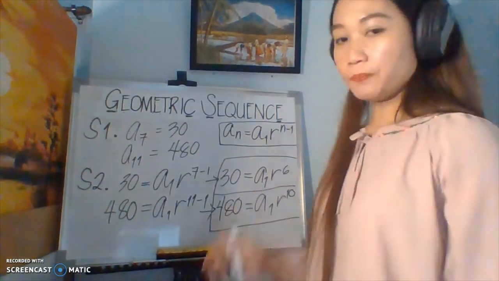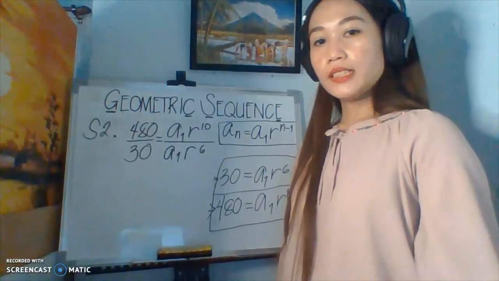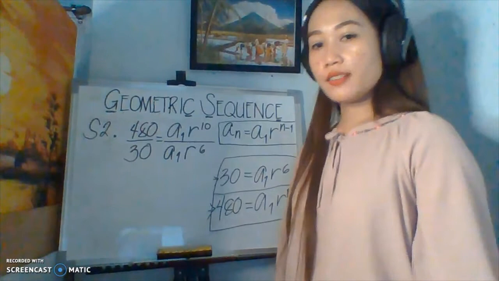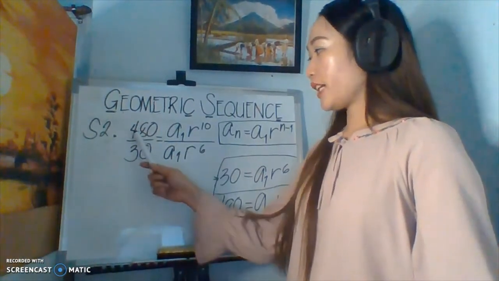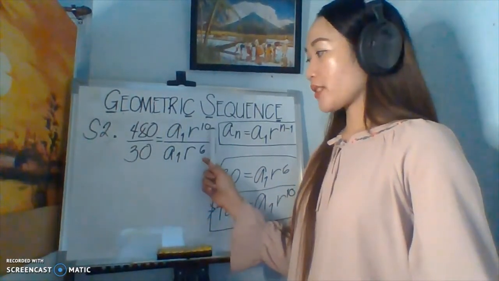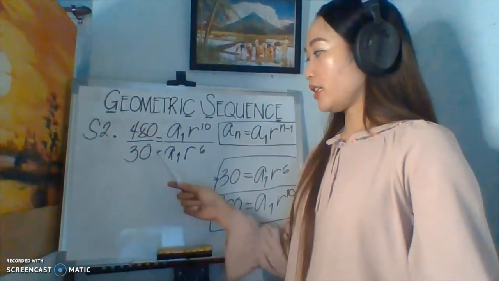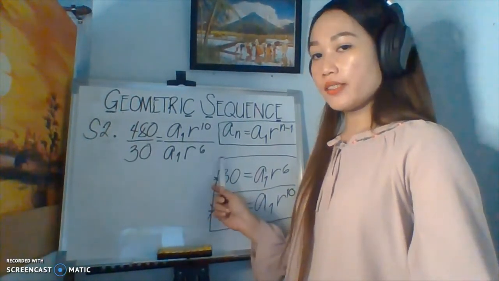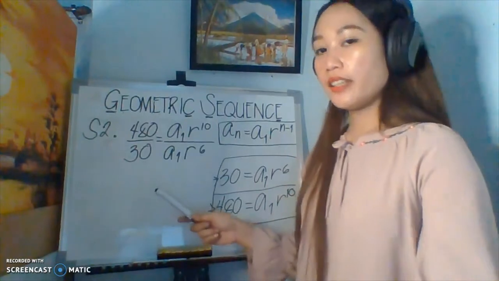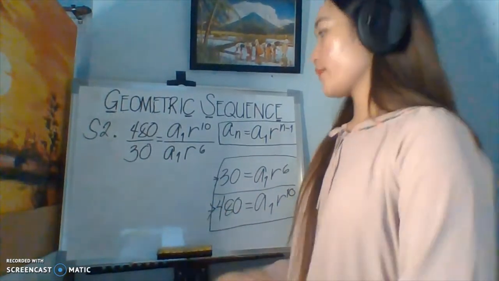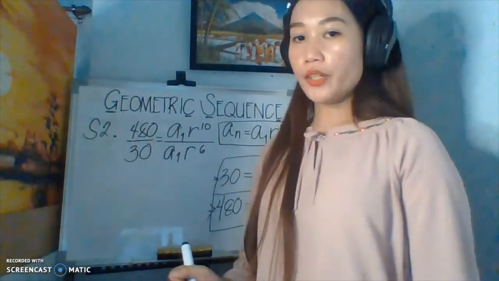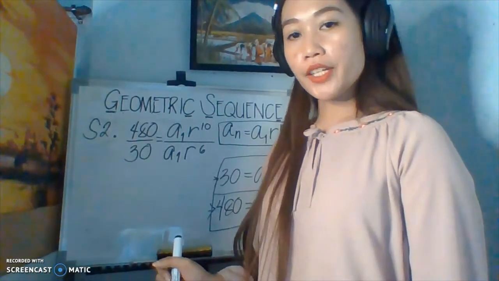Okay, so let's do that. Dividing the two equations, we have 480 equals a sub 1 r raised to 10 divided by 30 equals a sub 1 r raised to 6. So we will simplify this equation. So let's start with 480 divided by 30. What is 480 divided by 30?